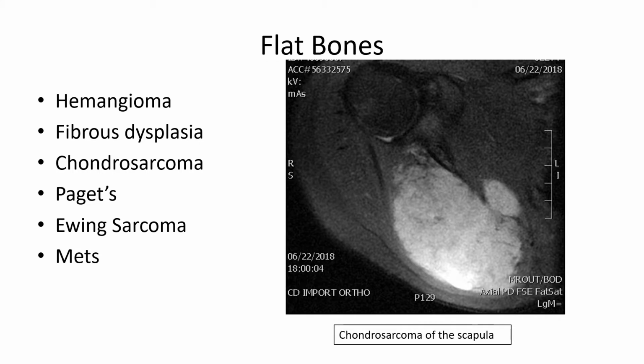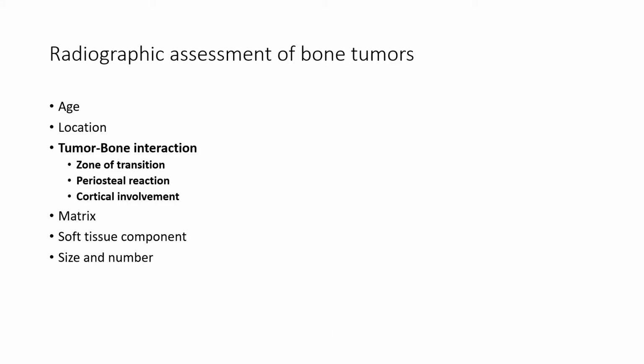If we harken back to our ages, if we have a flat bone lesion that appears consistent with a primary bone sarcoma, a patient younger than 30 is more likely to have Ewing sarcoma. A patient older than 30 is more likely to have a chondrosarcoma. The tumor-bone interaction includes a zone of transition, periosteal reaction, and cortical involvement.